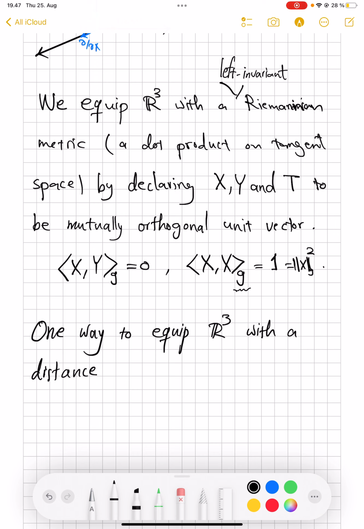So here we can equip R3 with a distance function by, okay, so we can say distance of P and Q. So here I have to take 2 points. So P is some point, Q is another point. So we can declare, so this is done whenever you have a connected Riemannian manifold.